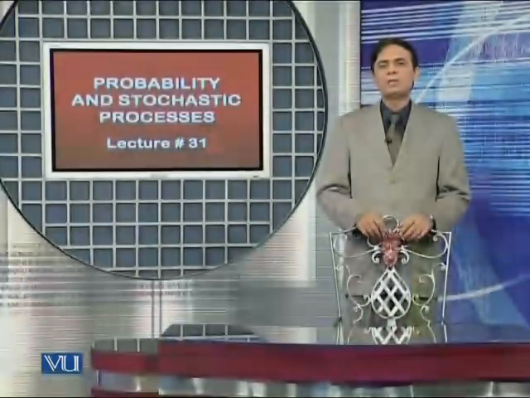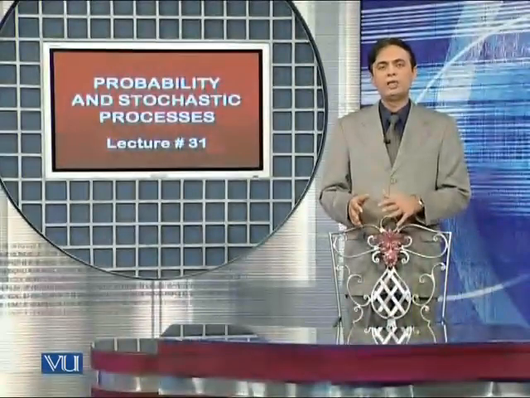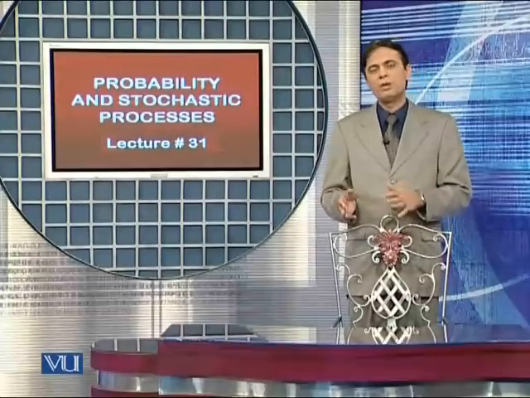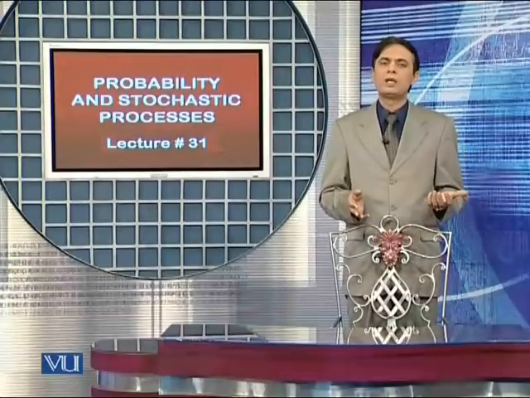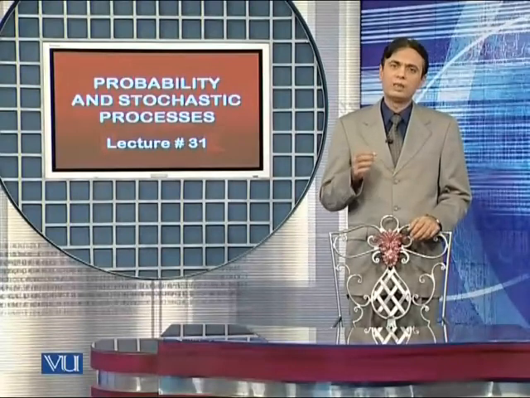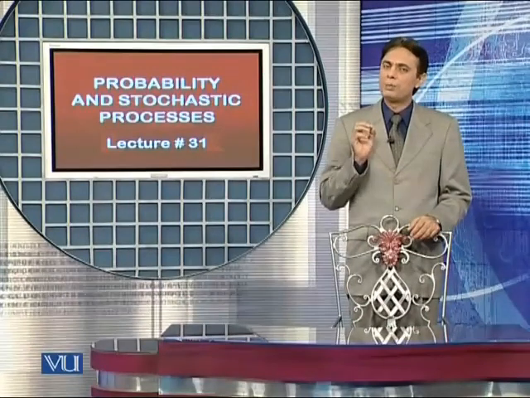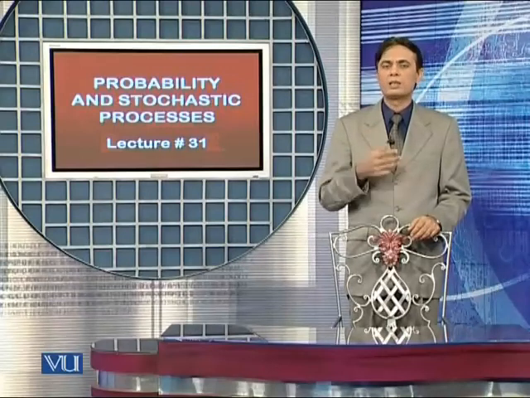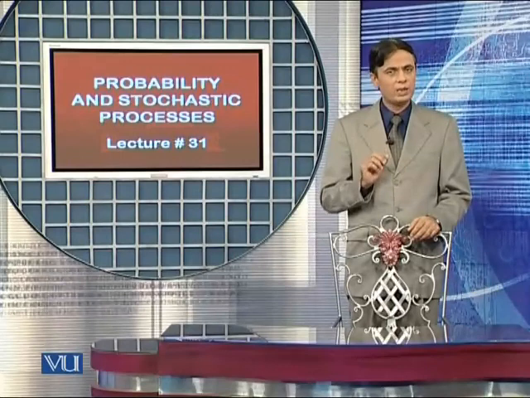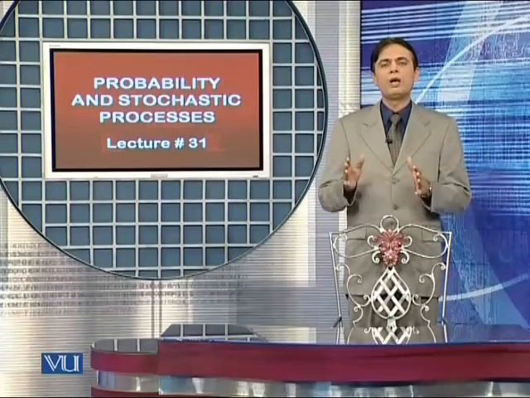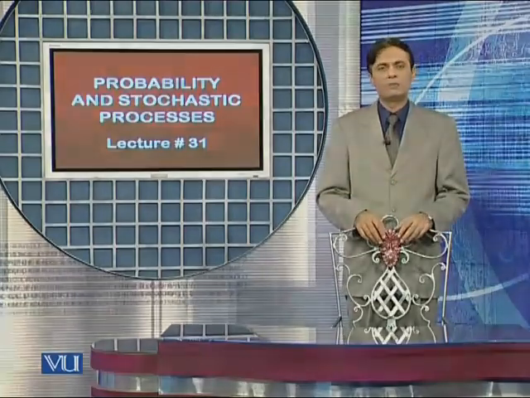We talked about transformation of a random vector to another random vector, or transformation of a random vector to a scalar valued random variable, and we worked in greater detail with a particular transformation where z was a transformed scalar valued random variable which was equal to sum of a finite number of random variables.